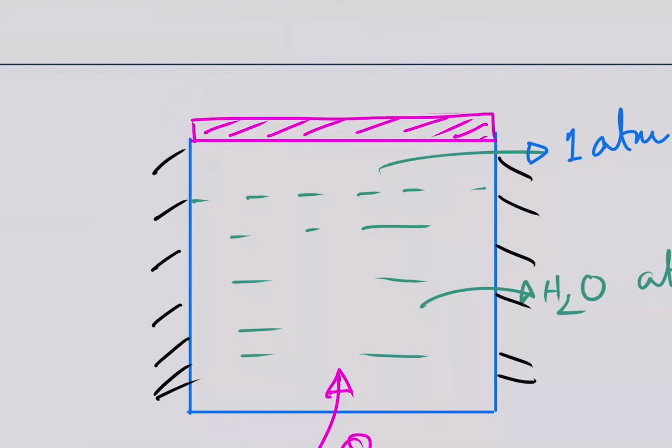You draw it on the same graph. It will be like the earlier graph, but the phase change will occur at a temperature more than 100 degrees Celsius. No, you have to draw it in the same graph. Same plot.